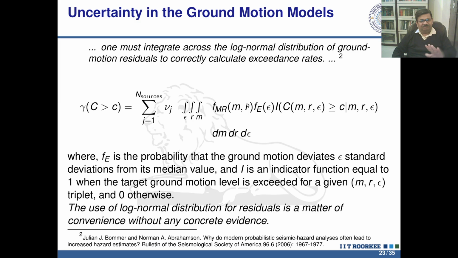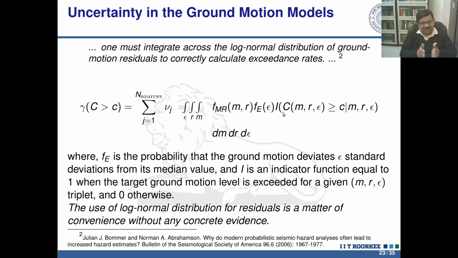So this is the same probability. FMR is the joint probability density function of magnitude and distance. Fe is the probability that ground motion deviates epsilon times standard deviation from its median value, and this I is an indicator function which is equal to 1.